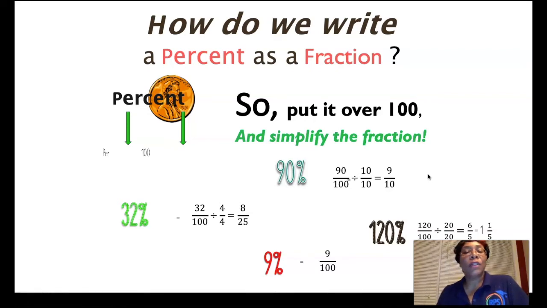So I have 120 over 100, or 120 divided by 100, or 120 100ths. So I divide both my numerator and my denominator by 20, and I get 6/5, which is an improper fraction that changes to 1 1/5 as a mixed fraction. Anytime a percent is over 100%, it's going to give you a mixed fraction and also a mixed decimal.